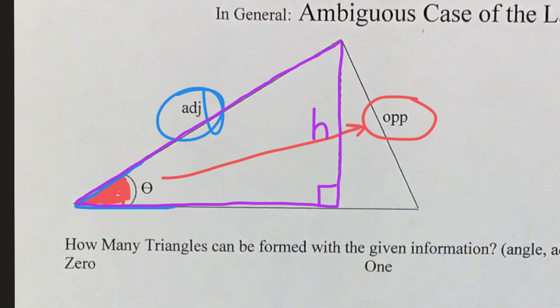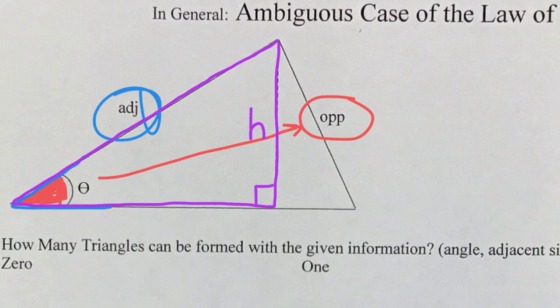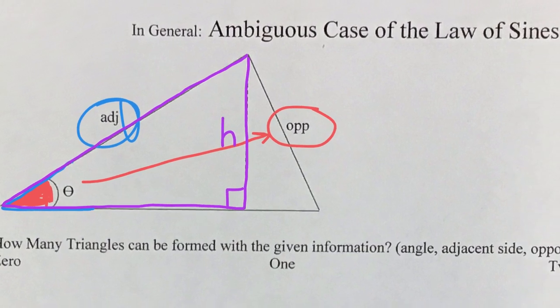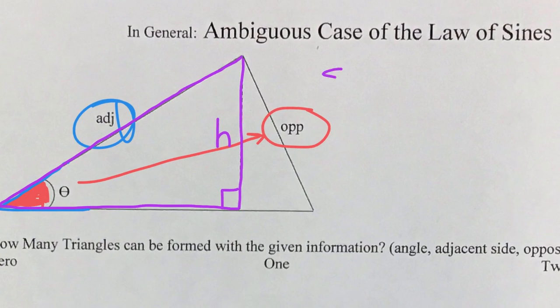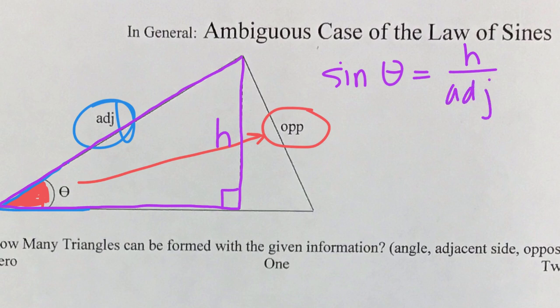The H is the opposite side for my purple triangle, and the adjacent, the blue circle, is the hypotenuse for the purple triangle. They're different sides for your greater triangle, but for the purple right triangle, the H is the opposite side and the adjacent is the hypotenuse. I just called it adjacent.